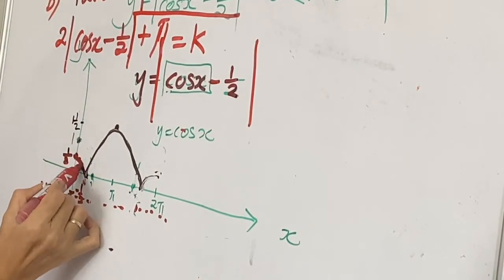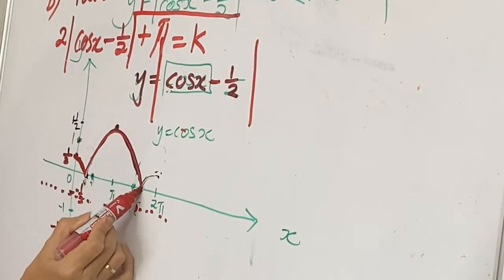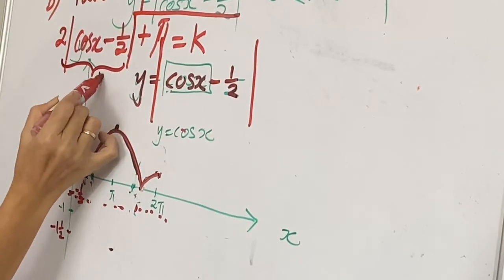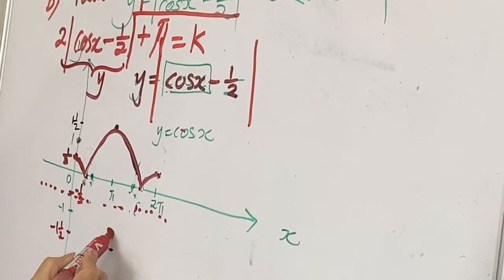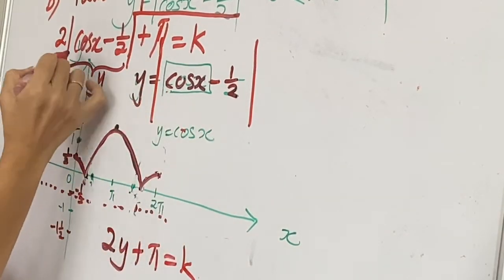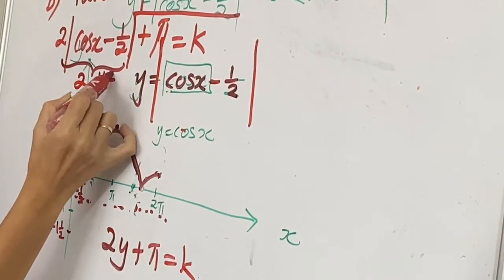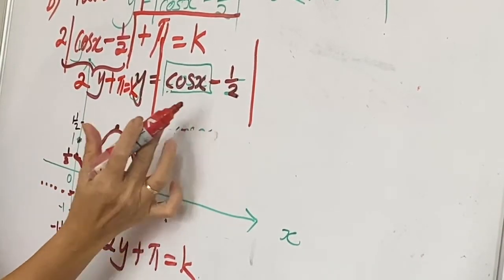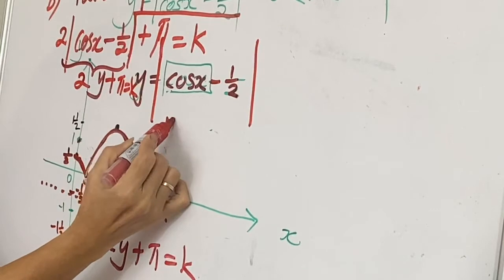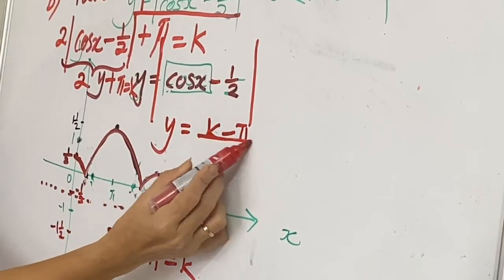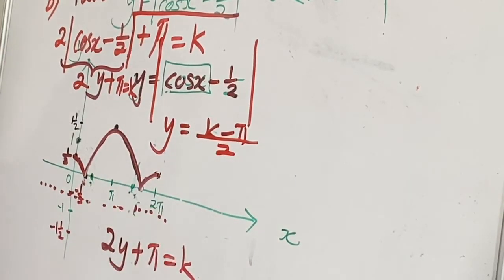This one is my y, so I substitute it with y. Finally I get 2y plus pi equal to k. Now I want y as the subject: y equals k minus pi, divided by 2. Normally that's how we do it.